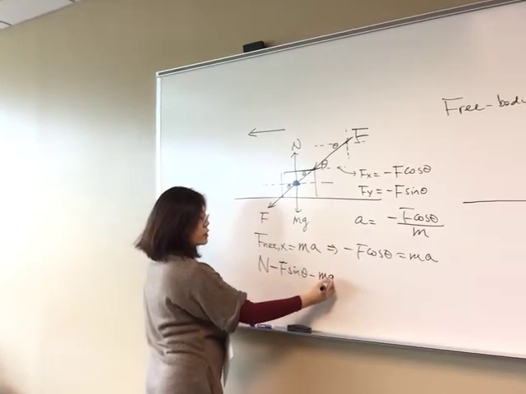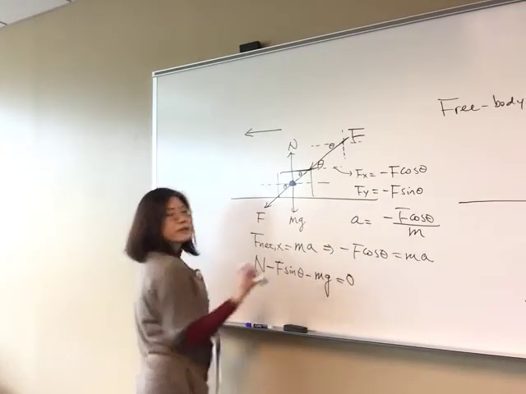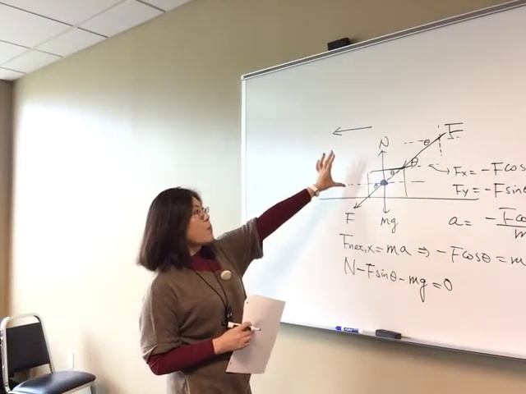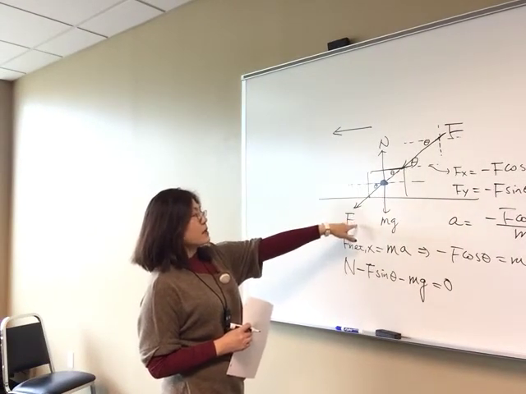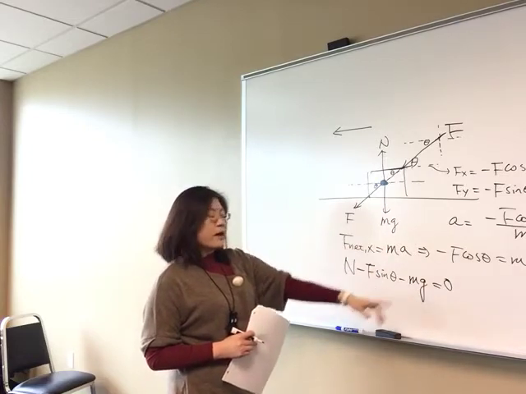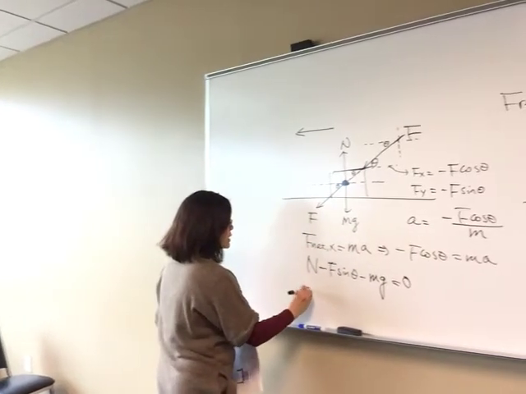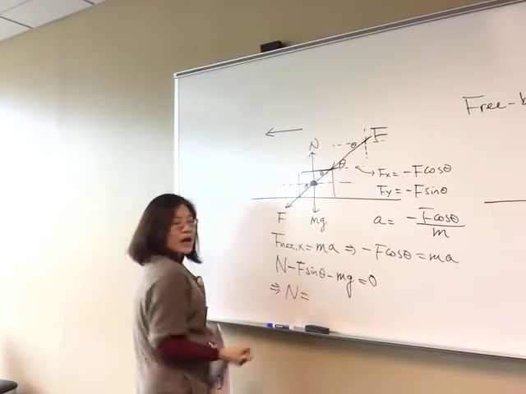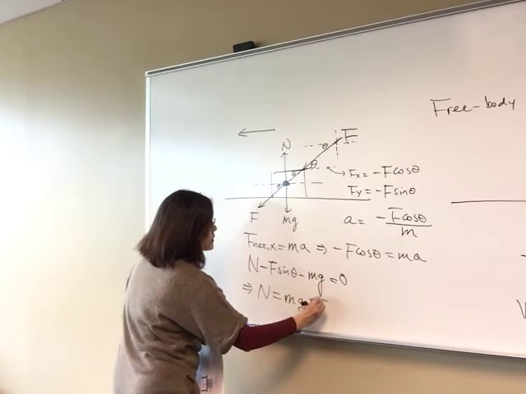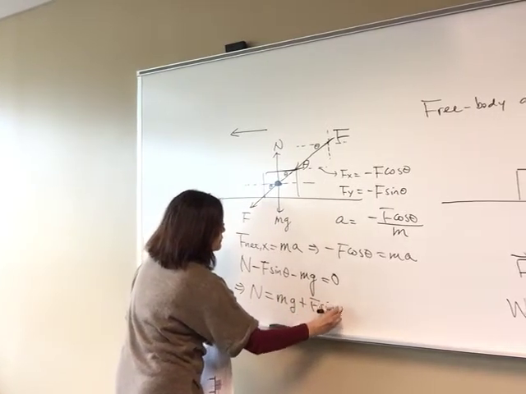The whole thing should balance each other, because there's no other forces. So N minus F sine theta minus mg is equal to 0, which means that the normal force now has the magnitude of mg plus F sine theta.